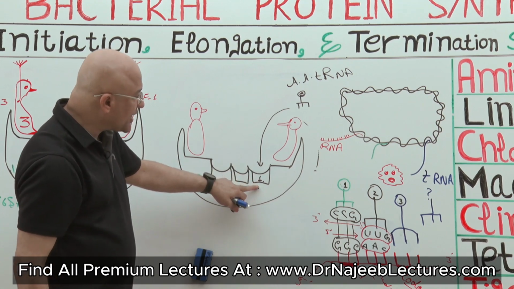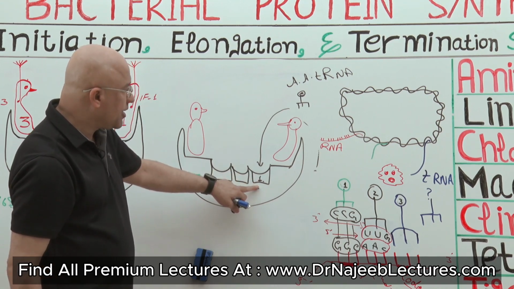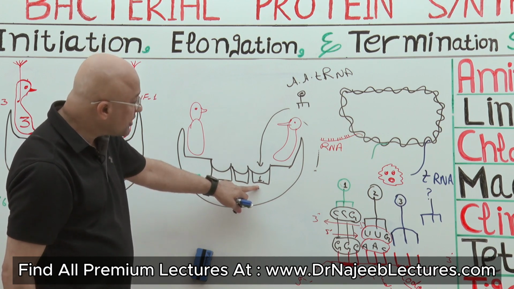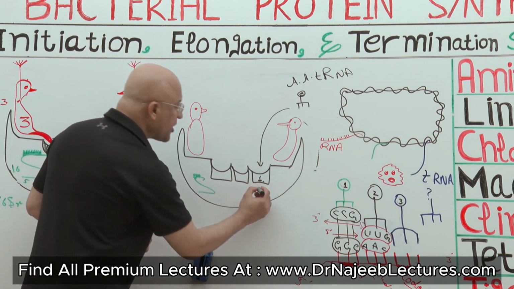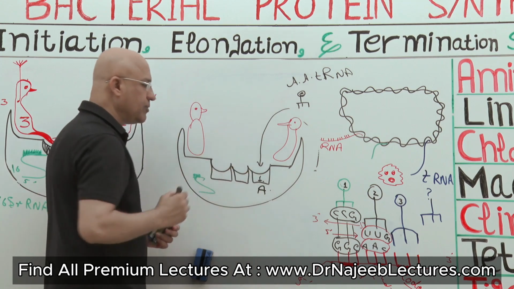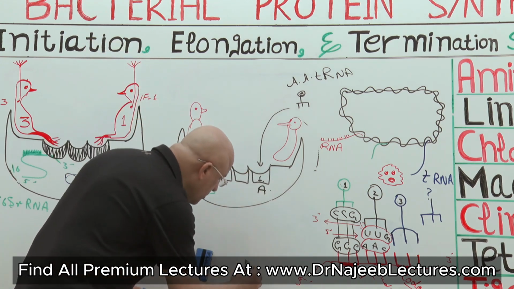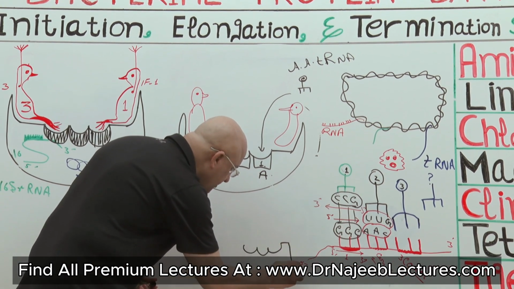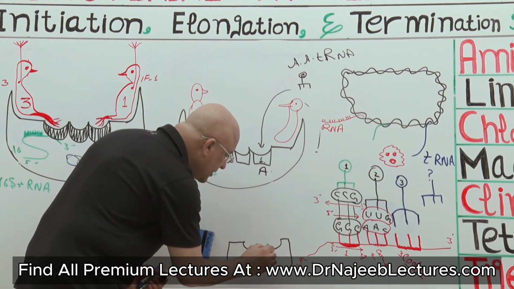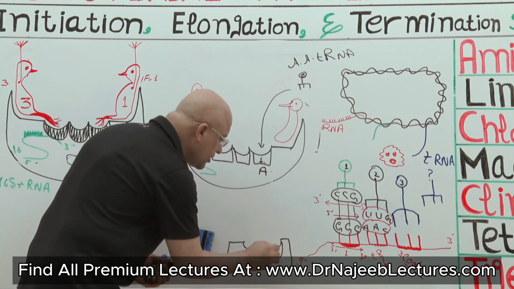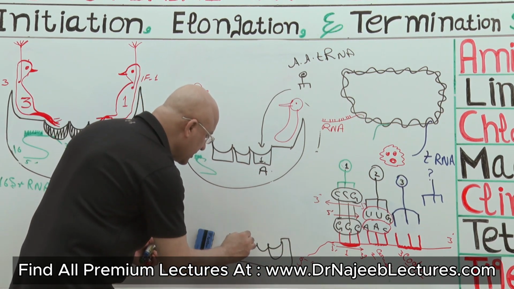So this pocket or binding domain of the 30S subunit is called the A site. On 30S there is an A site, but here I want to specify that this A site is not only present here.